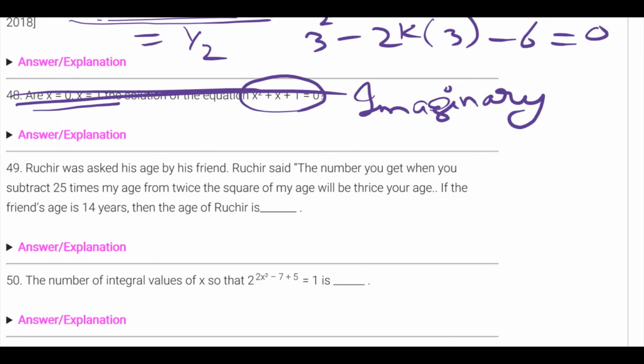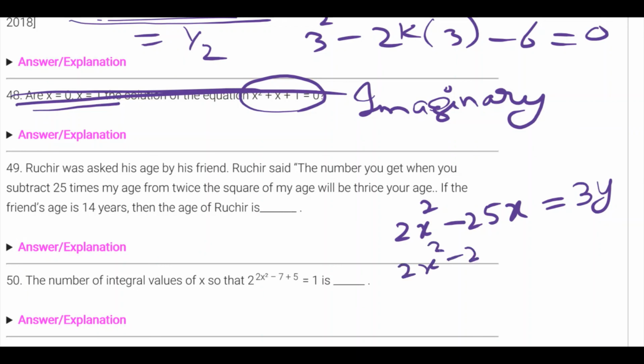Twice the square of age, minus 25 times his age, will be thrice the age of his friend, which is y. If the friend's age is 14 years, so 2x square minus 25x equals 14 into 3, which is 42. Then find the value of x.